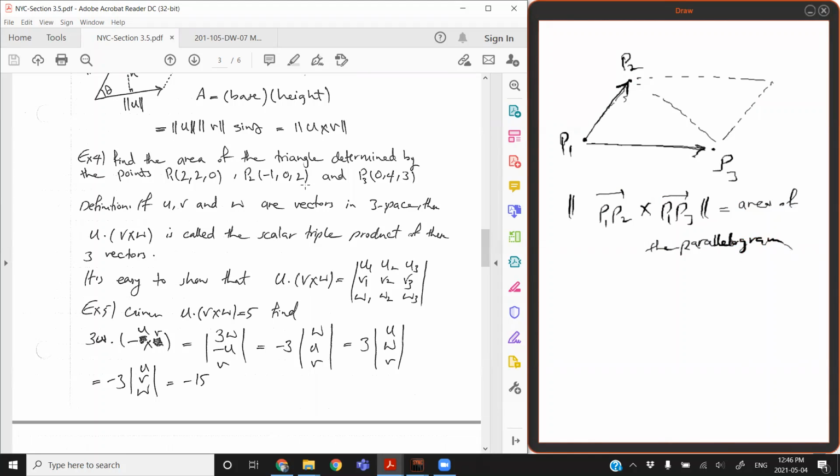But you can see that the area of the triangle is just half of that. So if you're looking for the area of the triangle that is determined by these three points, you can just do 1/2 of the norm of the cross product.